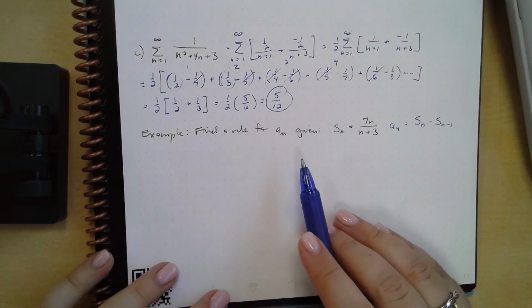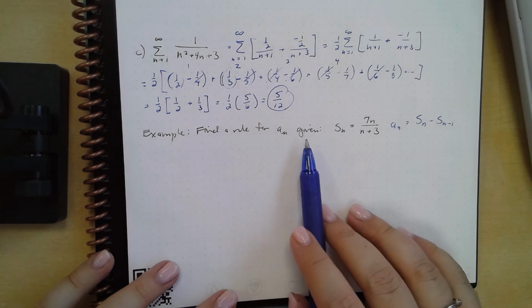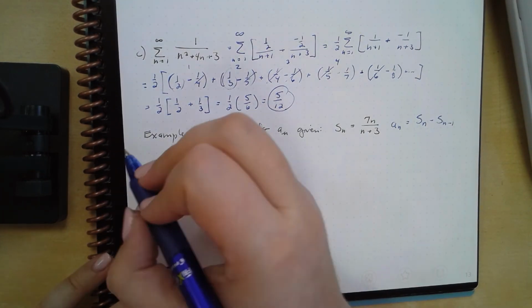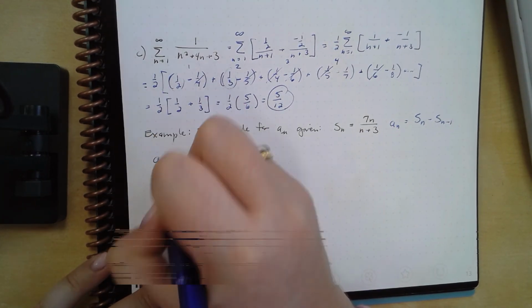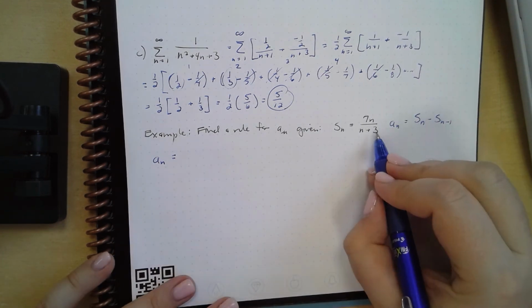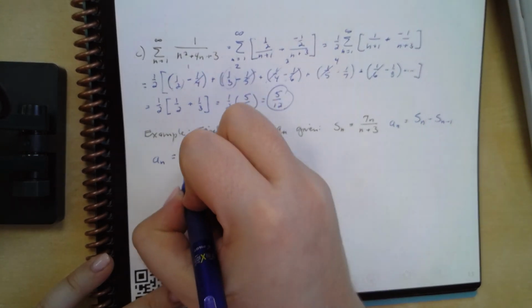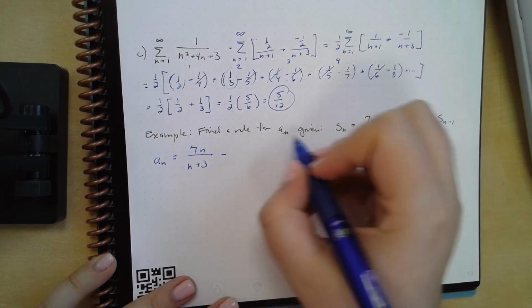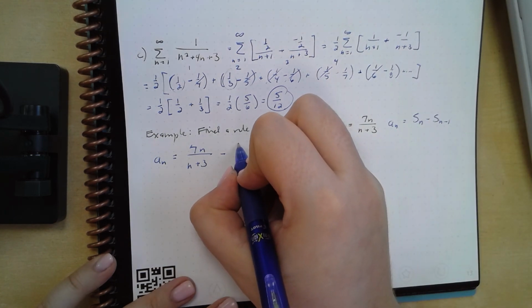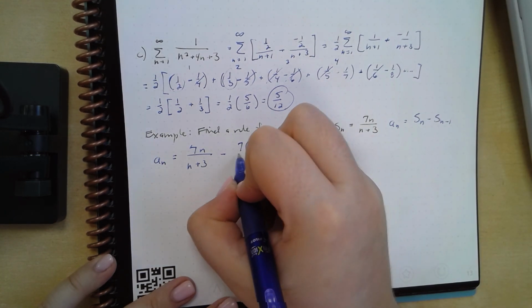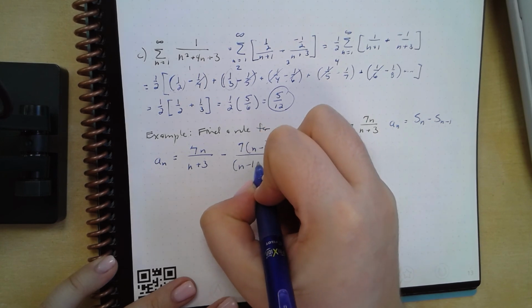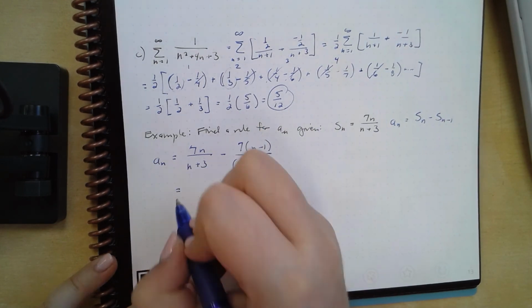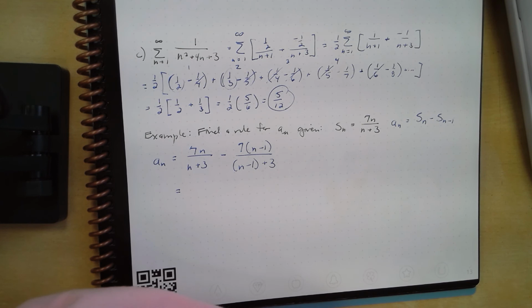So we want to find a rule for a sub n given this. Well, let's do that. So a sub n is going to be equal to s sub n, which is 7n over n plus 3, minus s sub n minus 1, which is 7 times n minus 1 over n minus 1 plus 3. Okay, so let's expand on that a little bit.